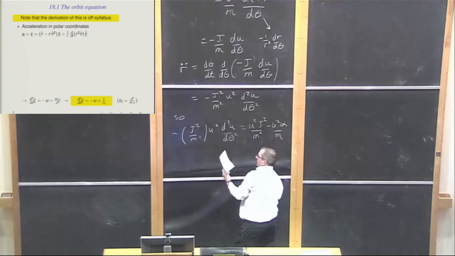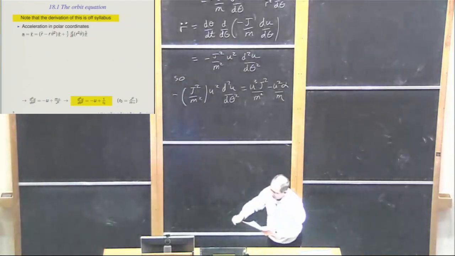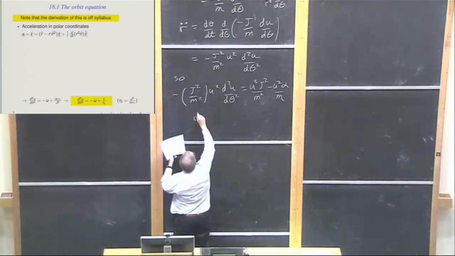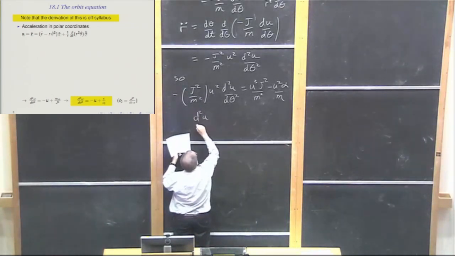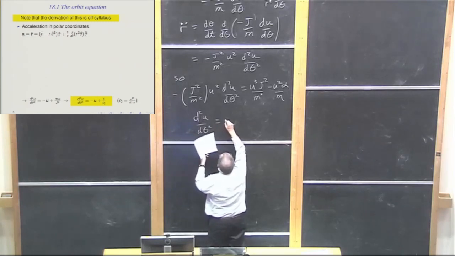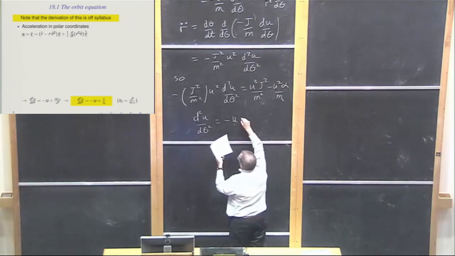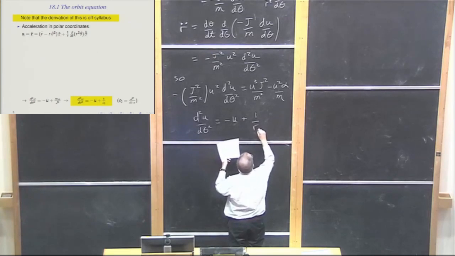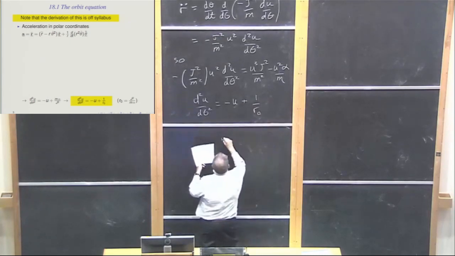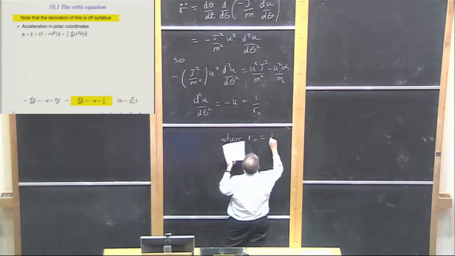So if we tidy this up, it then becomes the rather elegant expression: d^2u by d theta squared equals minus u plus, now I'm going to make another substitution, 1 over r0, where r0 equals j squared over m alpha.